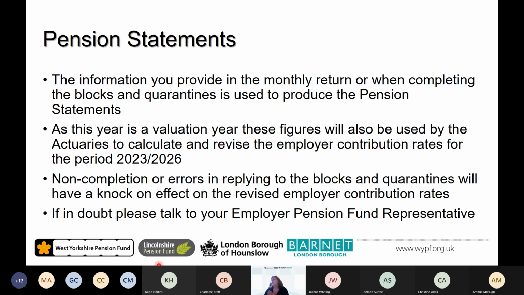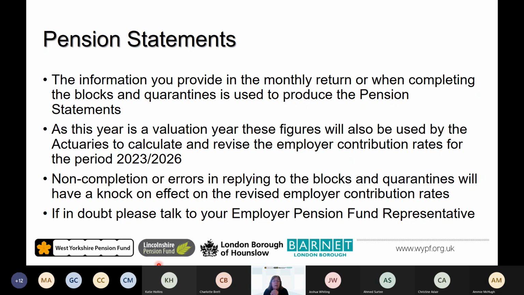Right, the information that you provide on a monthly return or when completing the blocks and quarantines is what we actually use to produce the benefit statements. Now, this year is also a valuation year, so those figures will also be used by the actuaries to calculate and revise the employer contribution rate for the period from 2023 to 26.